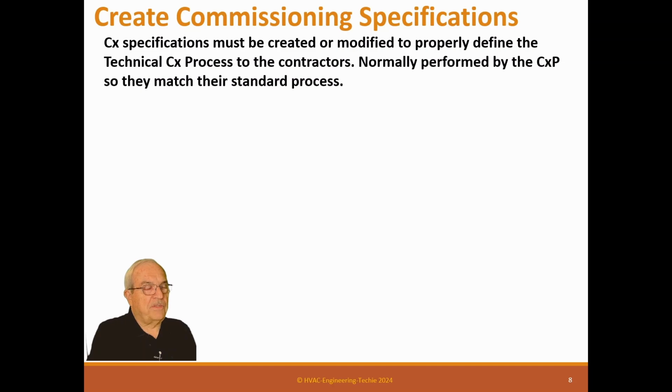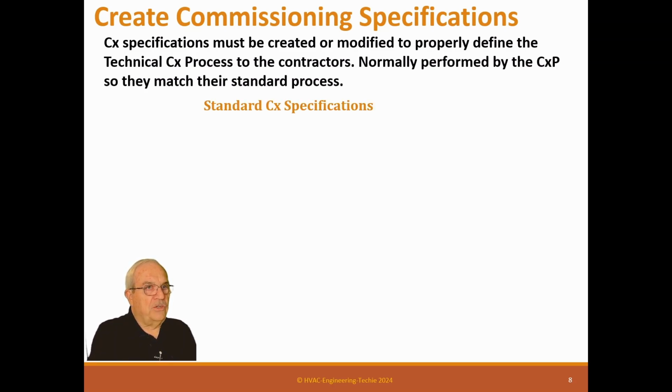Create commissioning specifications. Okay, so in every contract document, we put out some specifications, but these are not what normal specs are. Normal specs are there for the bidding contractors to know what they have to do, but you were probably already under contract before those contractors are on the project. So the specifications need to be written to match your process. So they tell the contractors what you're going to do on the site.